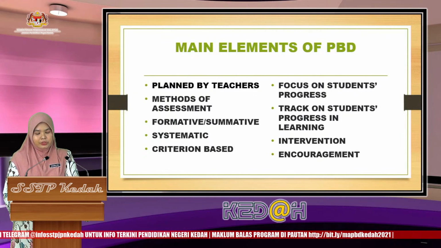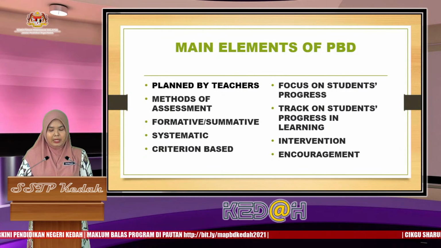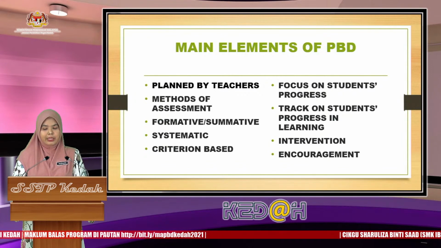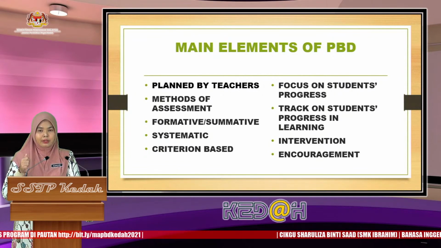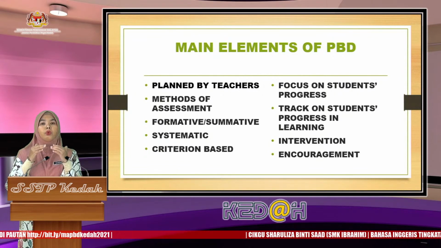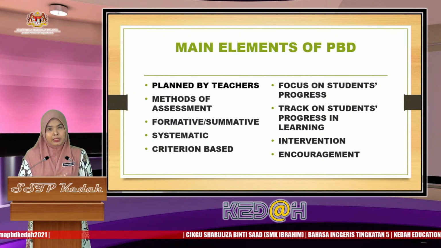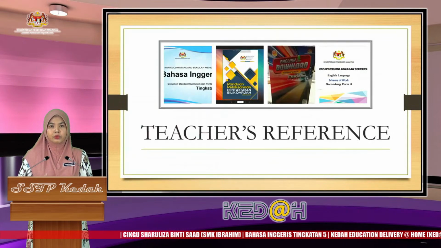Intervention is a follow-up action that a teacher can take for their weak students, and it will help the students to improve. Number 9, encouragement. In PBD, we do encourage students through peer assessment and also self-assessment. From there, the students will be motivated to learn further.